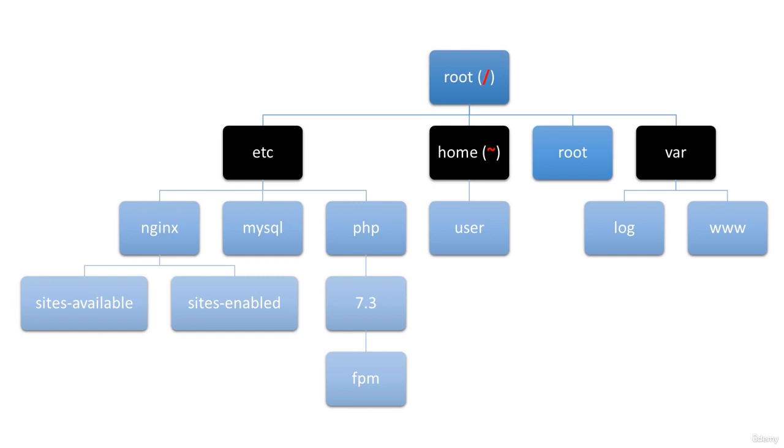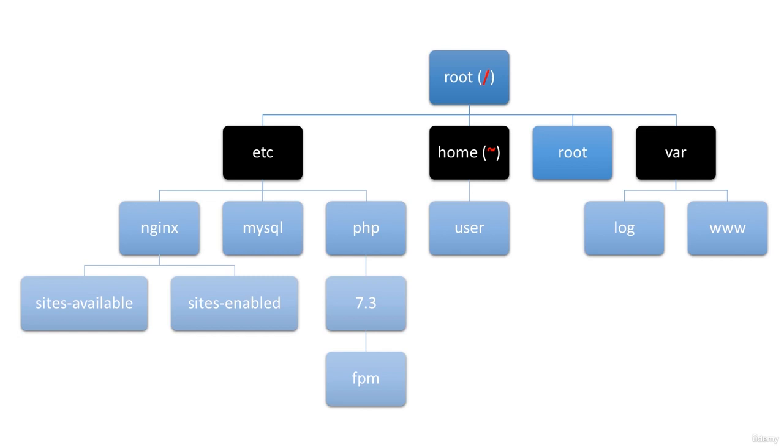There are three main directories that we are going to be working in, and those are etc, home, and the var directory. It's inside these directories you will find subdirectories, and inside those subdirectories you will find further directories. Directories are used to organize where the various files are being stored. Two main points.